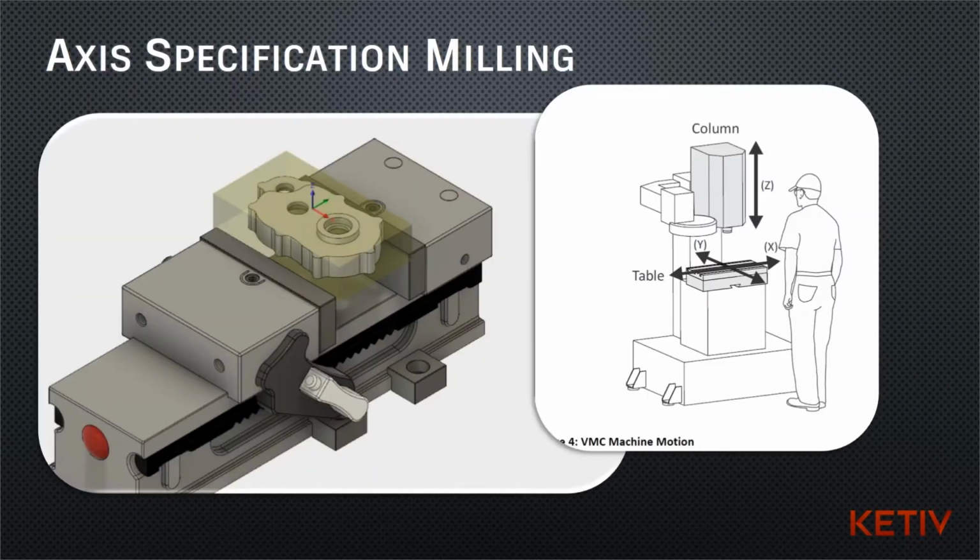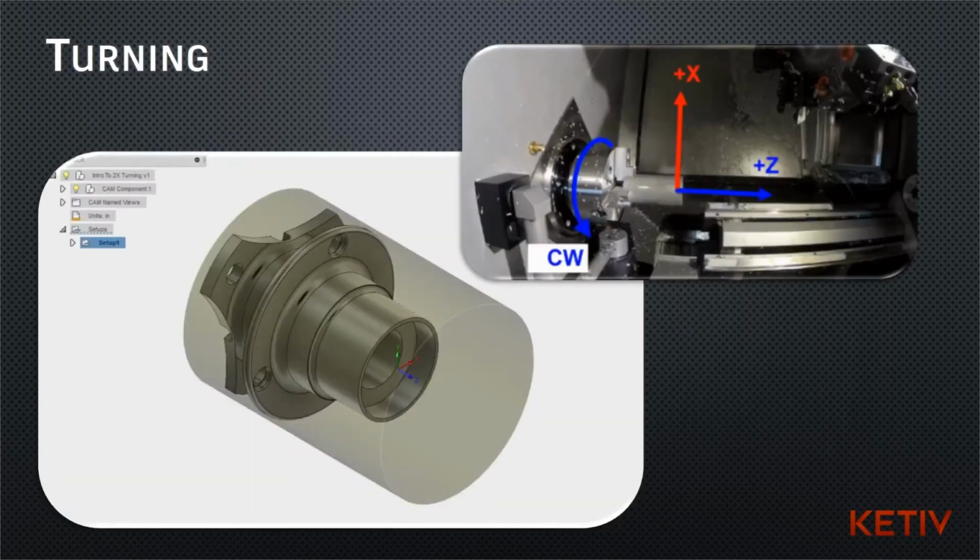All right, so in milling, you have your X-axis going horizontal, your Y-axis going in and away from you, and then the Z-axis going straight up and down. That's typically how you would set it up inside your CAM software, depending on how you have your part positioned in your vise. So how is that going to change for turning?